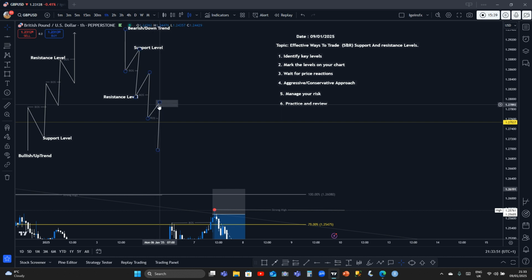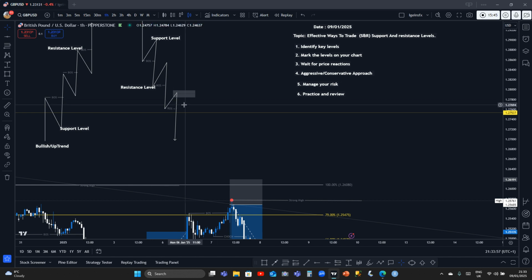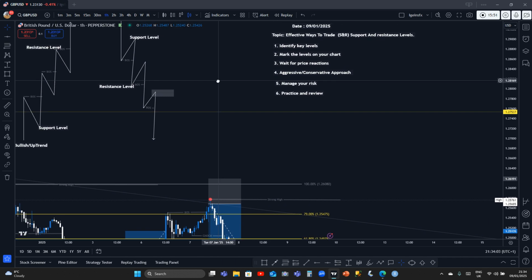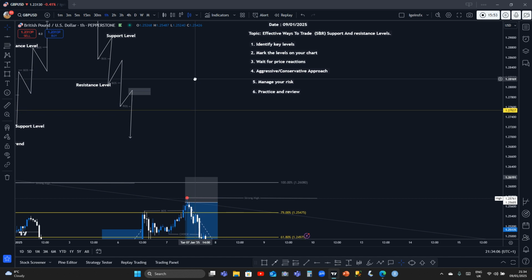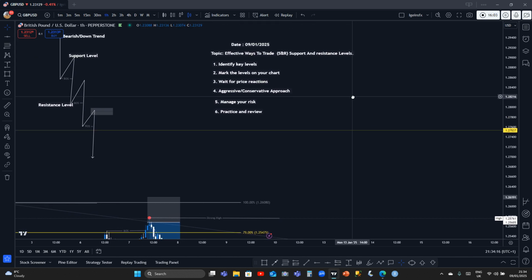Maybe a lower low, lower close candle, or an evening star formation, or a pin bar. Once you see that, then you can now enter. So if you are to use a conservative entry, you wait for additional confirmation before entering your trade so that you can minimize your risk.